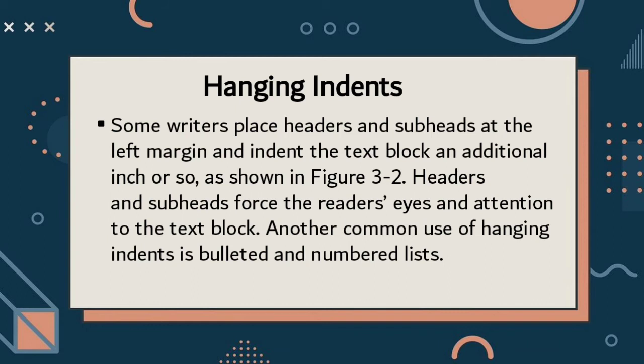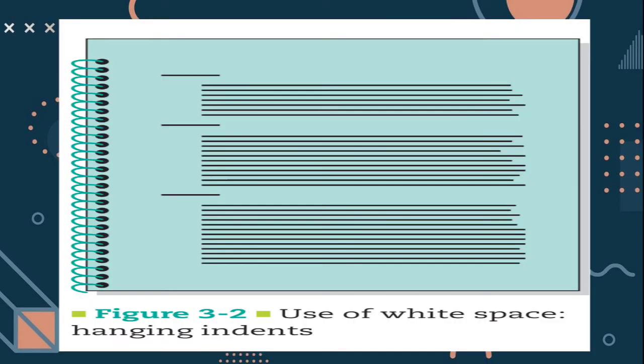They allow the reader to easily see the breaks between separate citations and quickly scan a works cited or bibliography for an author's name. And here's the sample picture of the use of white space of hanging indents.